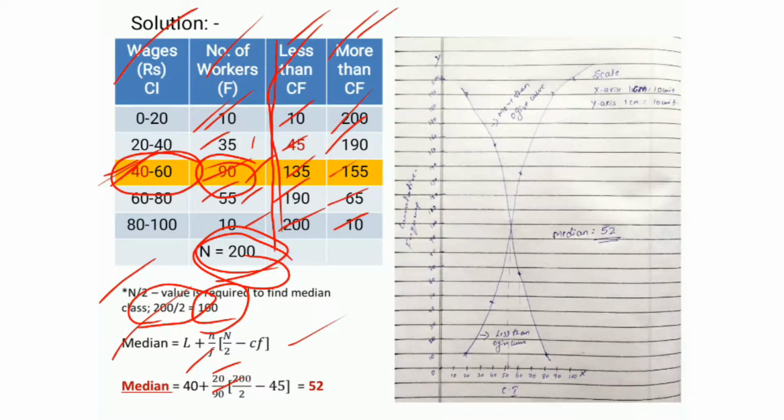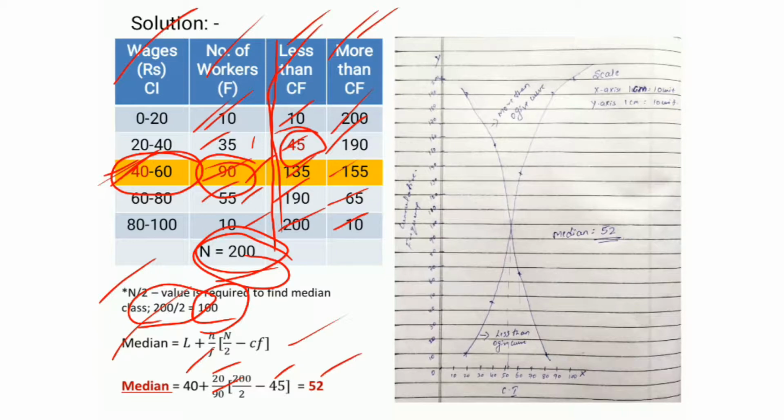N by 2 is 200 by 2, already applied. Now cf: always remember it is the preceding value in the less than cumulative frequency of the median class. You cannot take 135. It is the value before the median class in the less than cumulative frequency. So that is 45, already highlighted in red. Please do remember this. Apply this and simplify, and we will get an answer of 52.